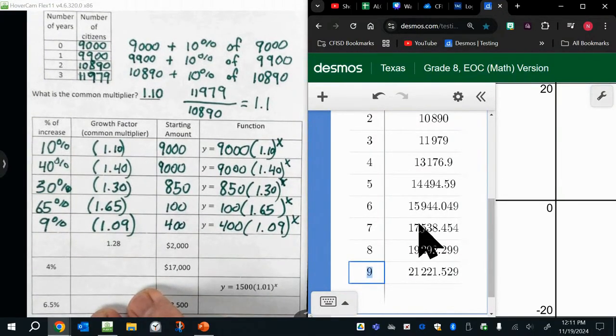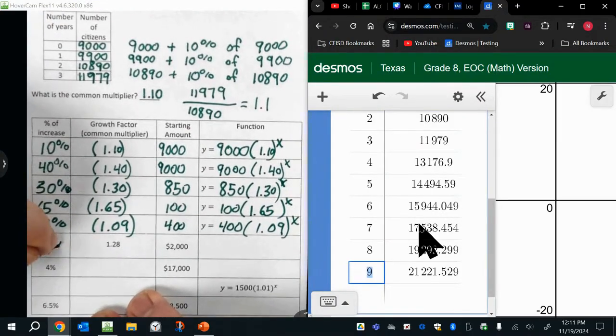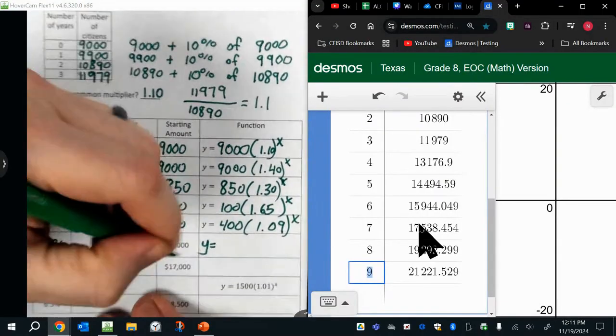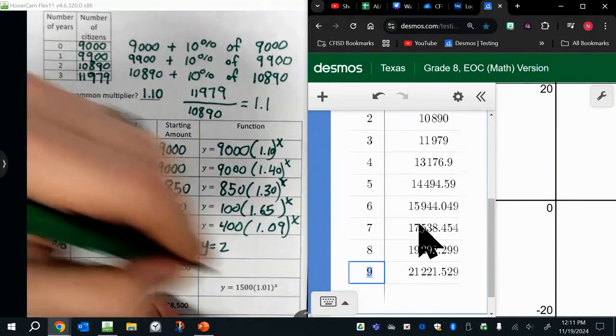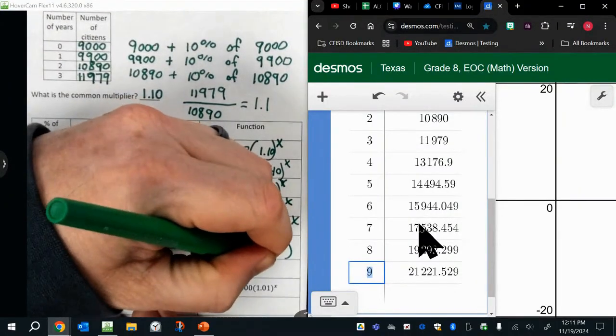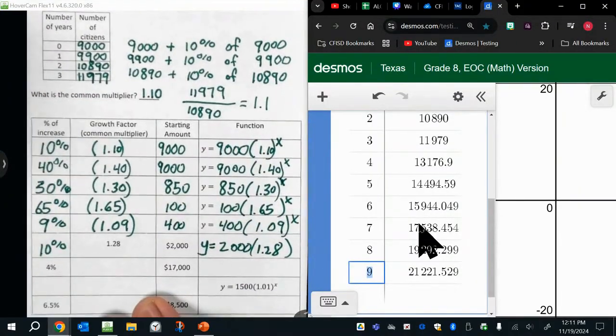What if this was 10%? I'm just making something up. What would be the equation? Y equals, we start at 2,000. My multiplier is 1.28. Well, then what does my percent have to be? It can't be 10%. I can't just make that up.